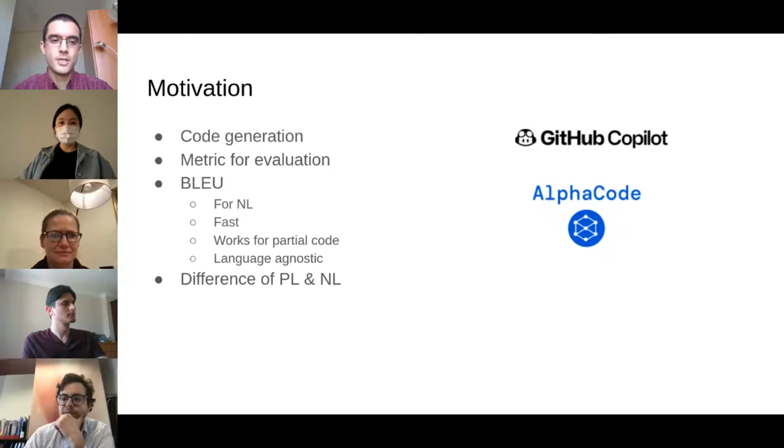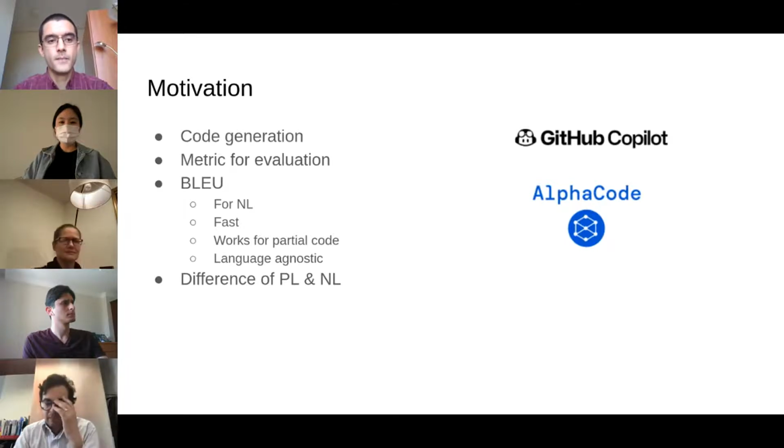One metric that has been used a lot for tasks where there exists some ground truth as a reference is the BLEU score, which was initially introduced for natural language translation, but has been adopted in code evaluation as well.